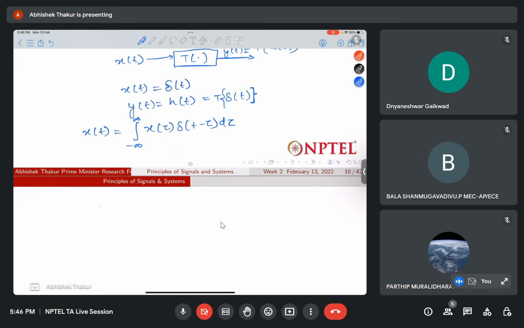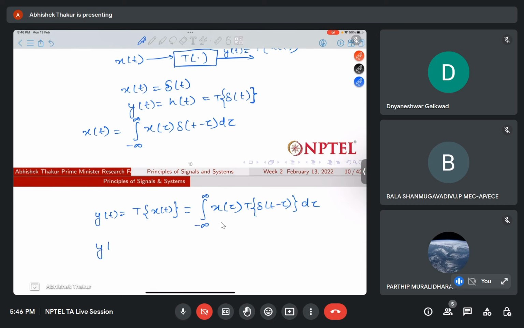Now our xt is equal to this, then yt is equal to the transformation of xt. So this will be the integral from minus infinity to infinity. We will just do the transformation of this whole equation. Here we will get the transformation of del t minus tau d tau.